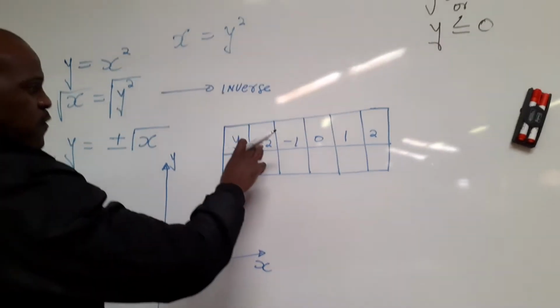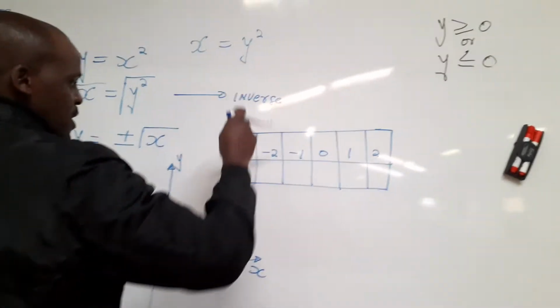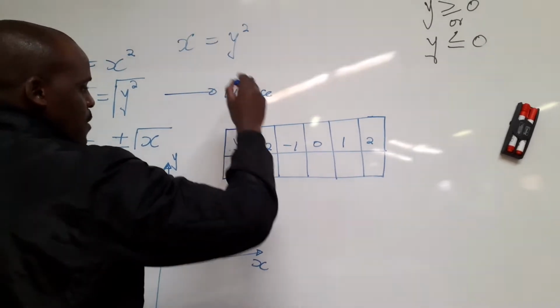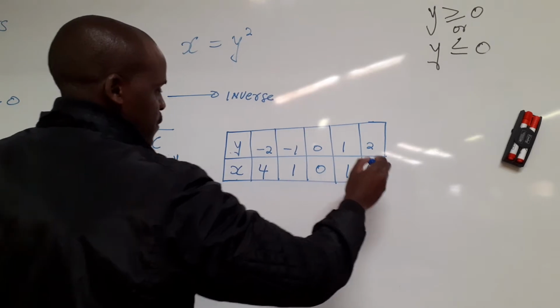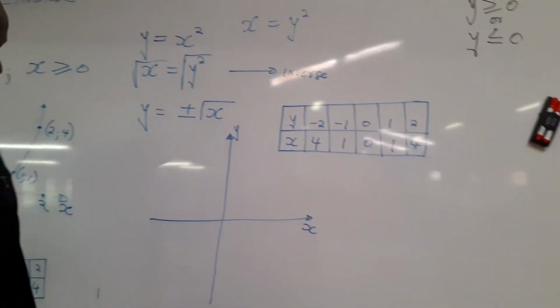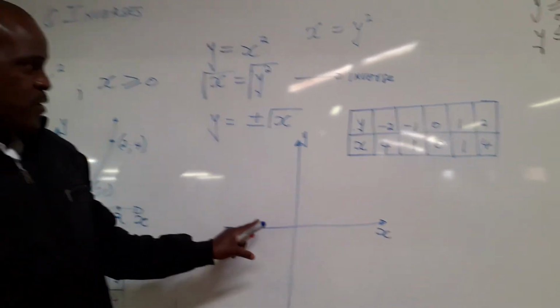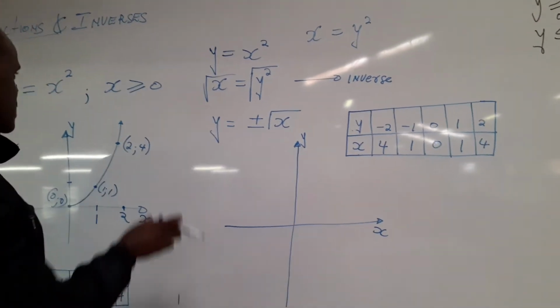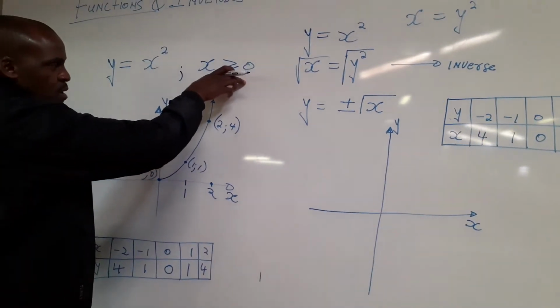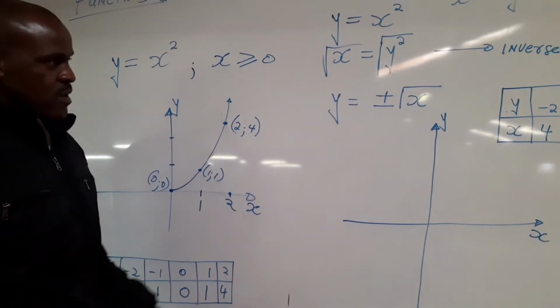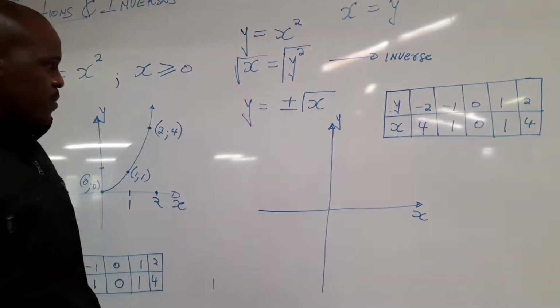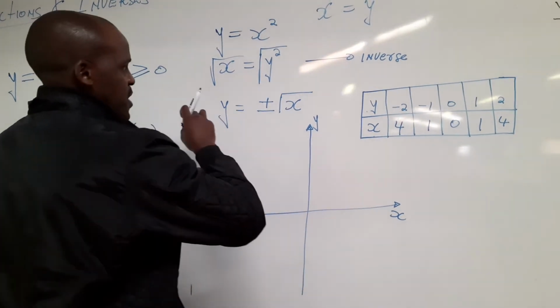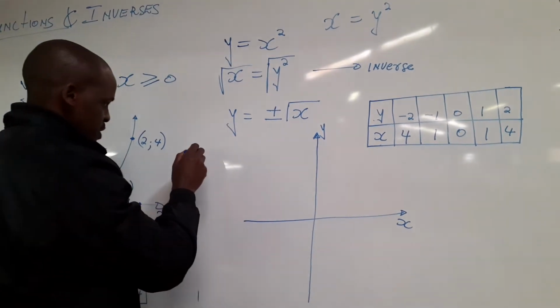Right. If y is equal to negative 2, x is 4. 1, 0, 1, and 4. And then we now have to sketch a graph. Remember that here you are being given the domain. Since now this graph is like that, we are to write what we call the range.